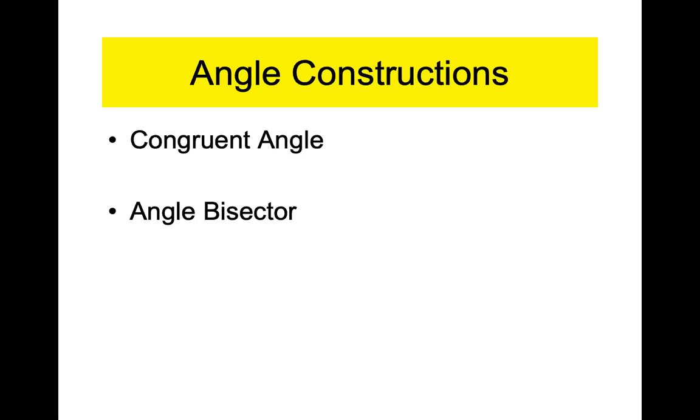Now I need you to measure from here to here. So I'm going to measure from there to there, right? See what I did? Take this, put it right there, measure. Take your straight edge, connect the dots, and I have now made a congruent angle.